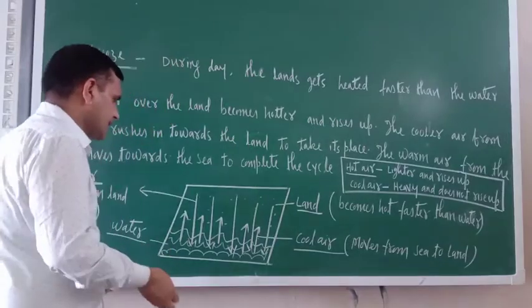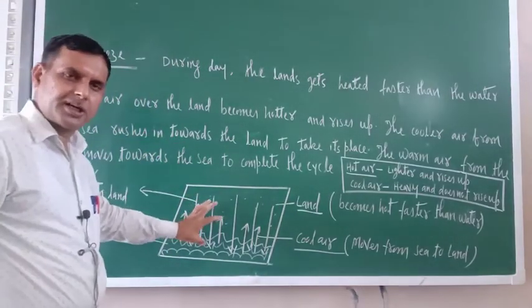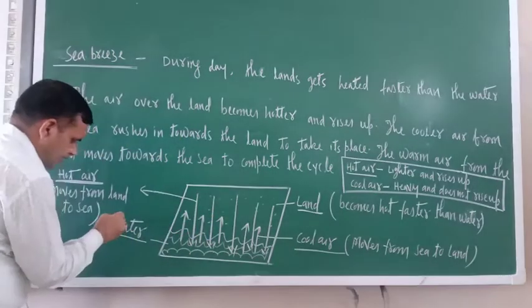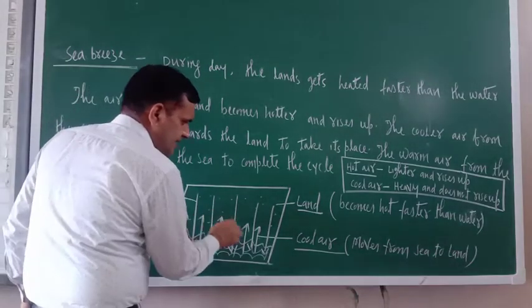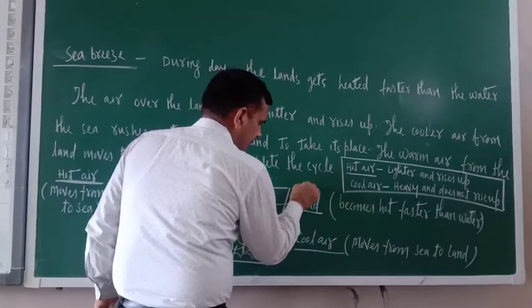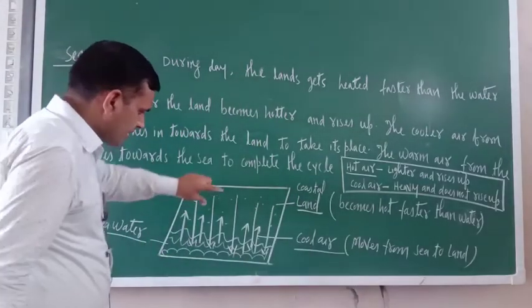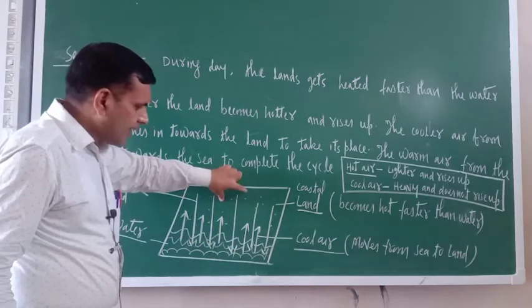Just see here, I made this simple diagram, it is not there in the textbook. This is sea water, and this is coastal land. Now try to understand. As compared to sea water, land gets hot.